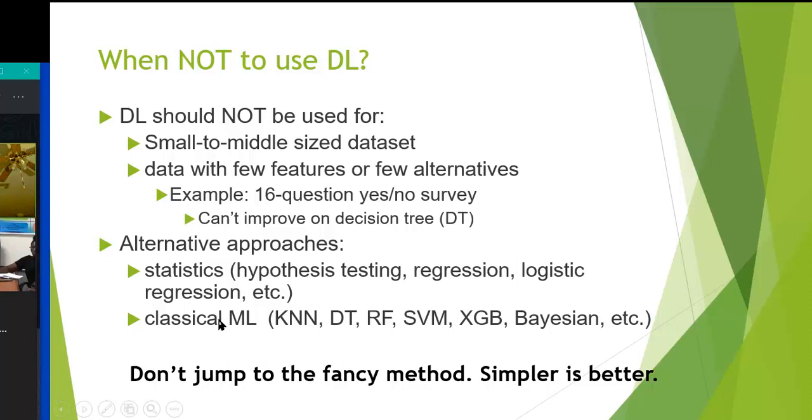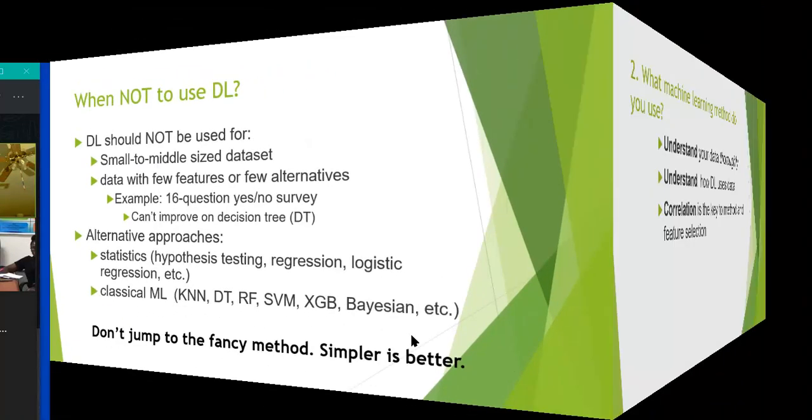There are some other algorithms that are much easier than deep learning and also perform very well and are very powerful, like K-nearest neighbors, decision tree, random forest, support vector machines, extreme gradient boosting, Bayesian. There are lots of methods like this. Don't jump to the fancy method. Simpler is better.